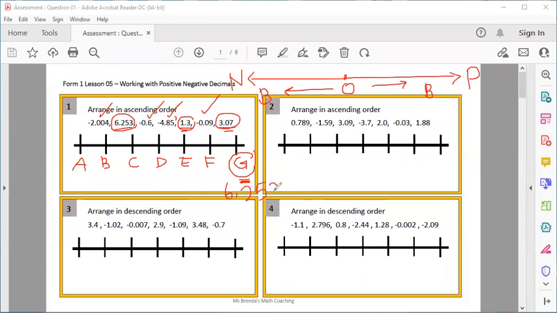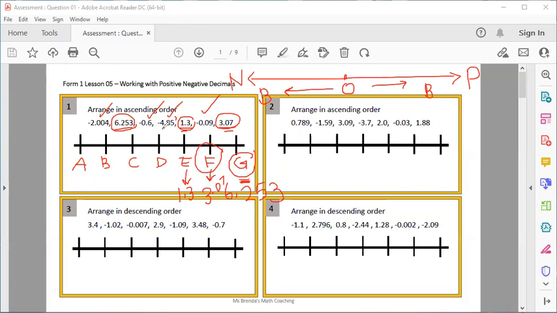Okay, good. What about F? What number goes into F? 3.07. Thank you very much. What about E? 1.3. Good.